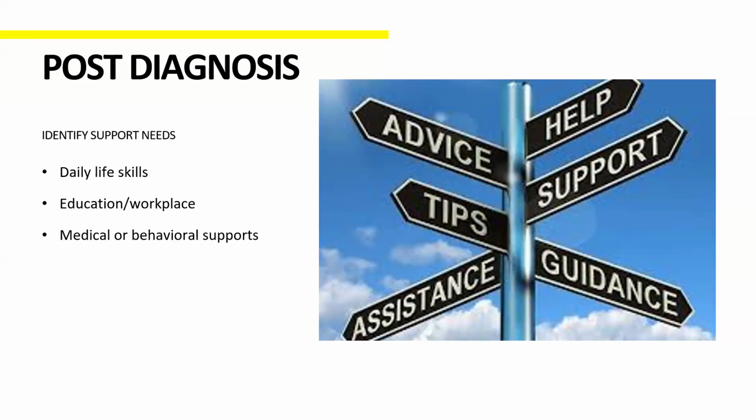This can include classroom accommodations such as an IEP or 504 plan for children and workplace adjustments for adults, and medical or behavioral supports. This includes different types of therapies like speech, OT, mental health support, ADA, and/or sensory accommodations.